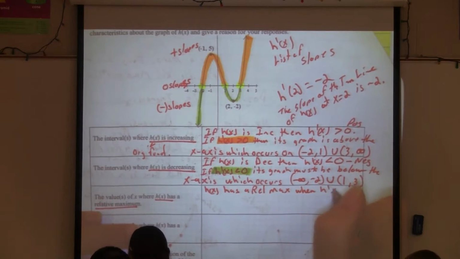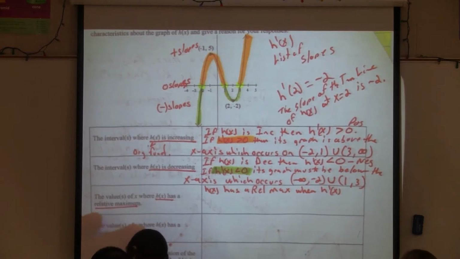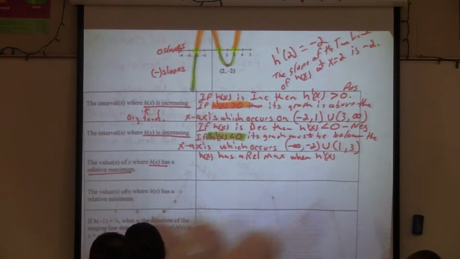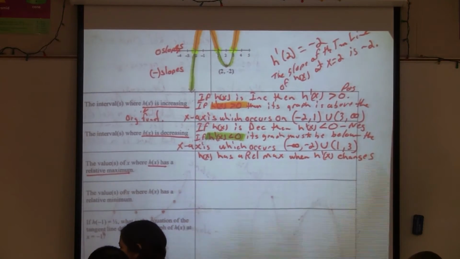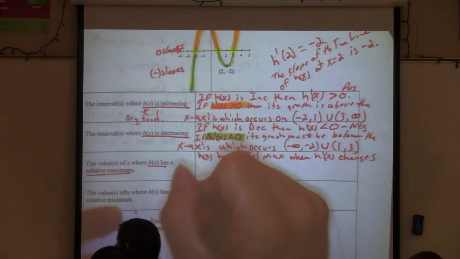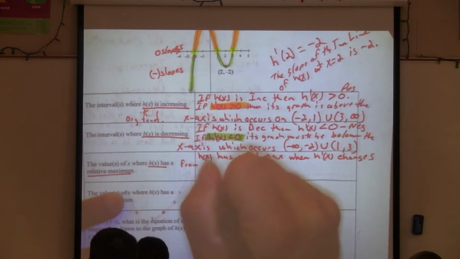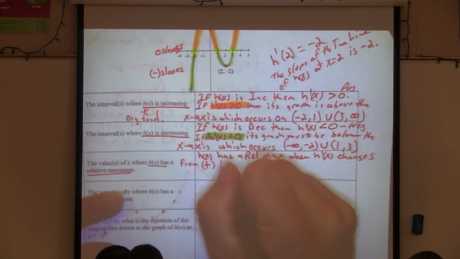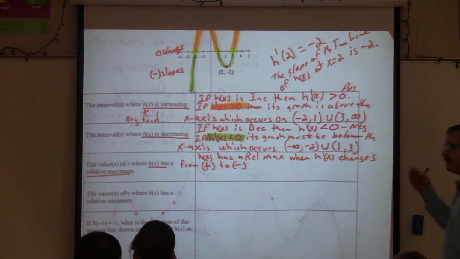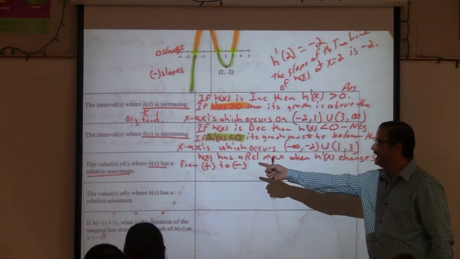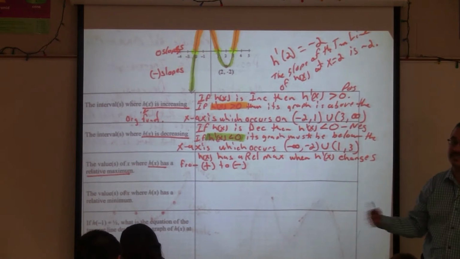When h prime of x changes from positive to negative. And I always have to think about how I can determine that using the derivative, because that's the graph that I have.